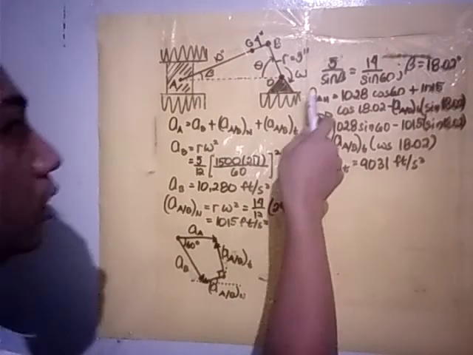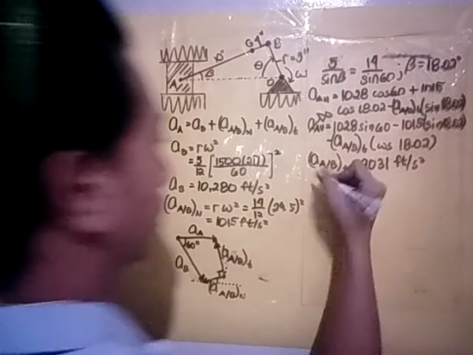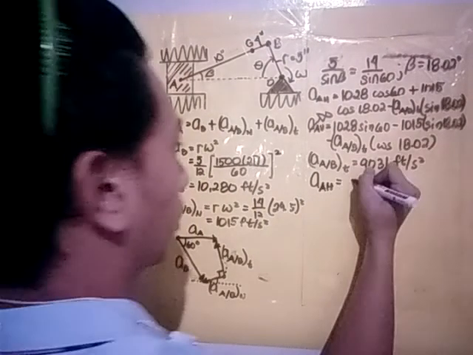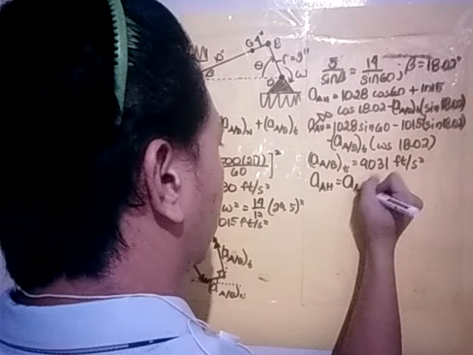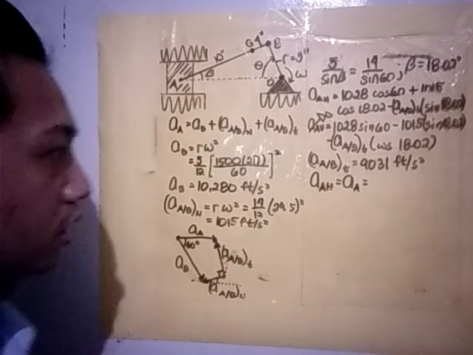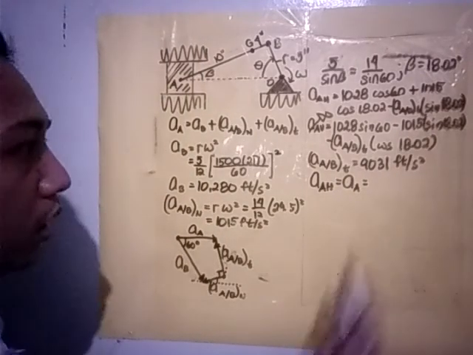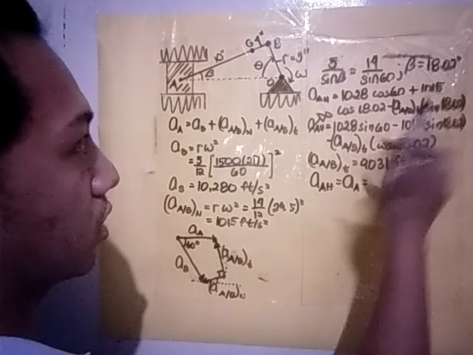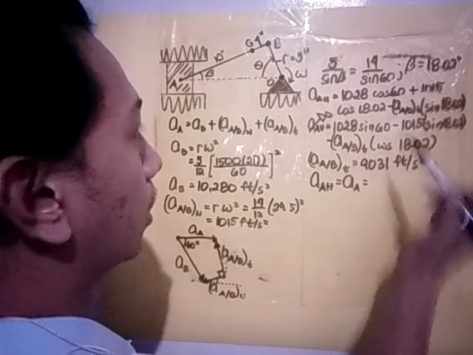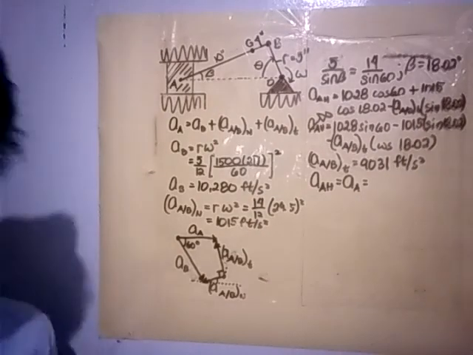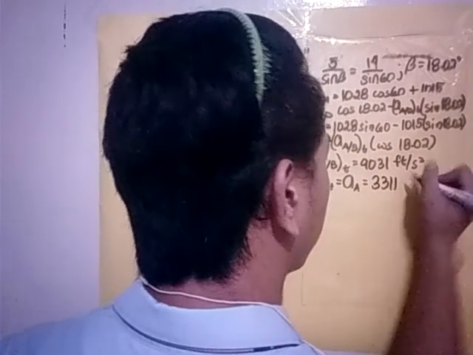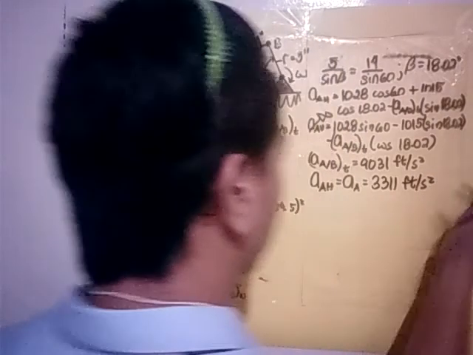We can now calculate the acceleration of our A. Acceleration of our A horizontal is also the acceleration of our A. So, substituting the value of our tangential to this equation, we will get the acceleration of our A na 331 feet per second square.